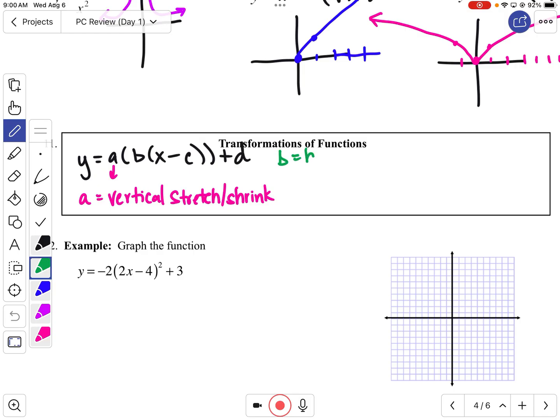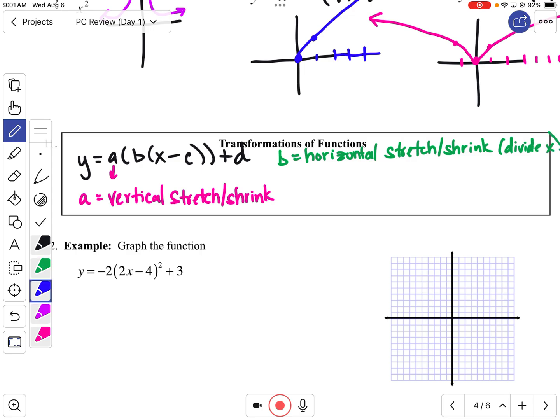B is our horizontal stretch or shrink, and we always divide. Okay, so it's always a reciprocal. Right? It divides our x value.